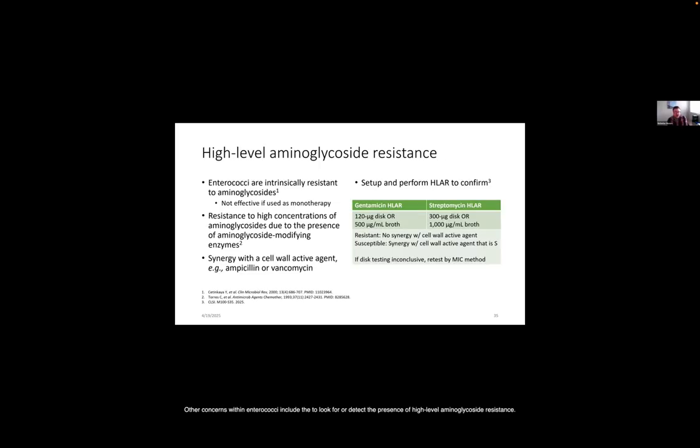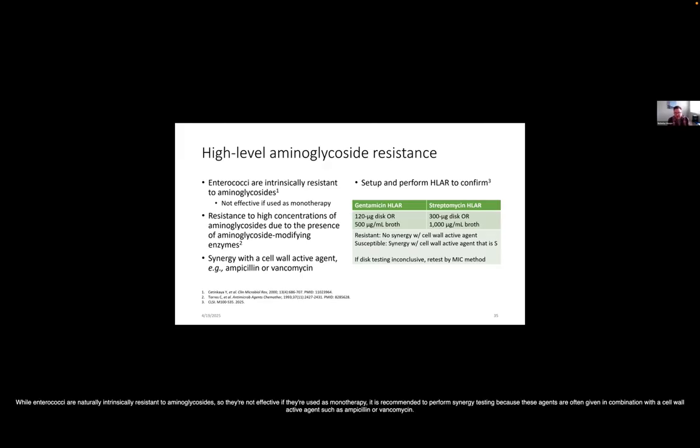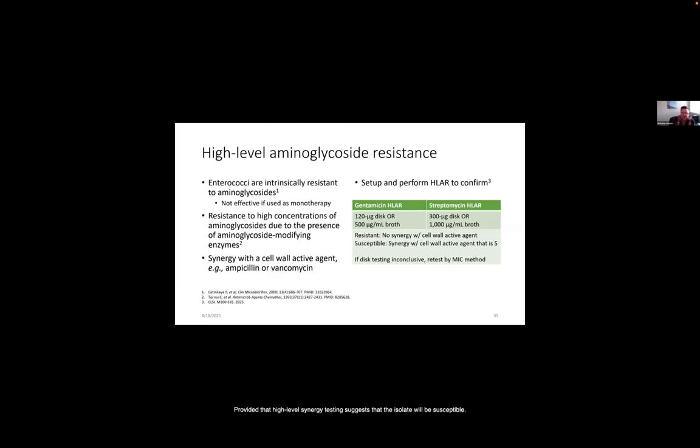Other concerns within enterococci include looking for or detecting the presence of high-level aminoglycoside resistance. While enterococci are naturally intrinsically resistant to aminoglycosides, so they're not effective if used as monotherapy, it is recommended to perform synergy testing because these agents are often given in combination with a cell wall active agent such as ampicillin or vancomycin, provided that high-level synergy testing suggests that the isolate will be susceptible.